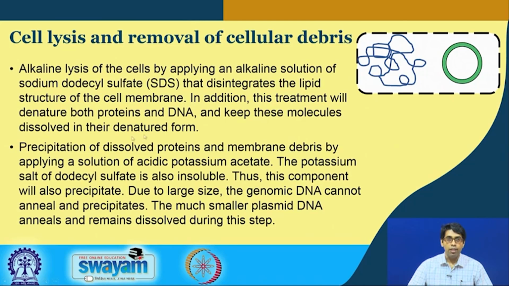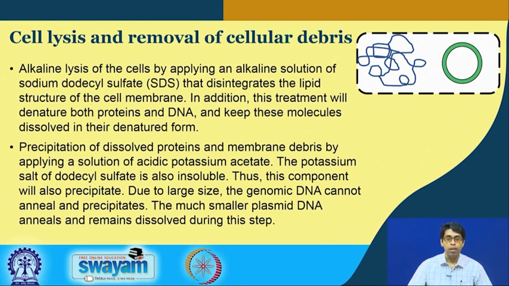When we add this precipitation solution, what you will see is this solution turns white, because all this denatured protein and denatured genomic DNA will start precipitating out, and you will have to mix these solutions, because initially we had the resuspension solution, then the alkaline lysis solution, and now the precipitation solution. So, you have to gently mix them, because if you mix it very vigorously, then the mechanical agitation can actually start breaking the genomic DNA. So, we do not want that.